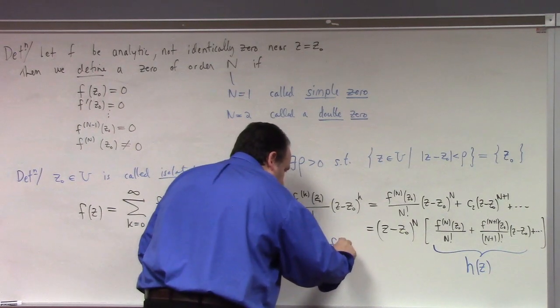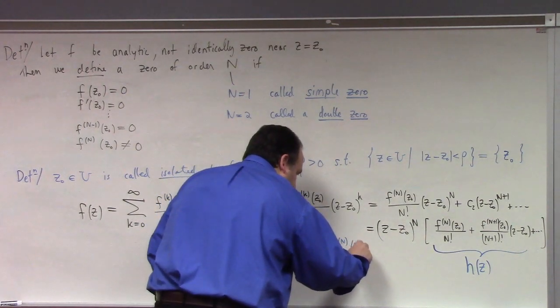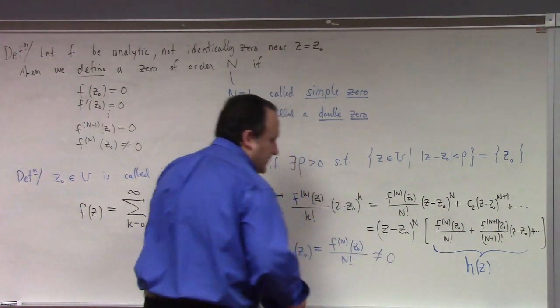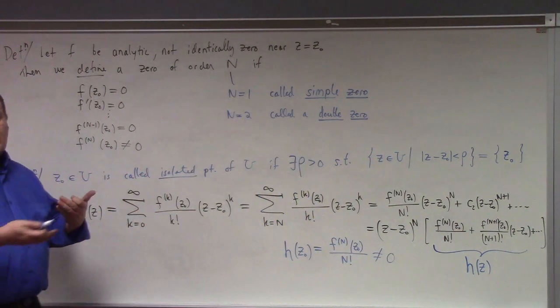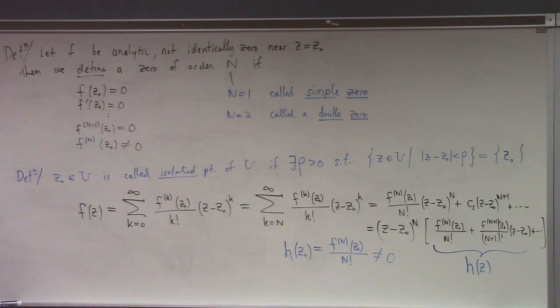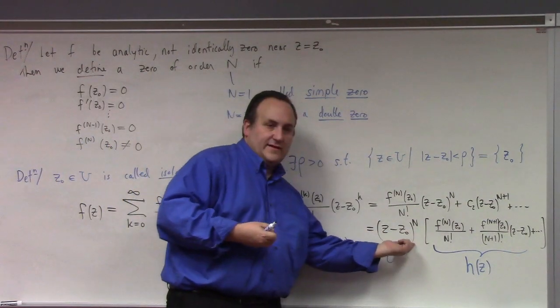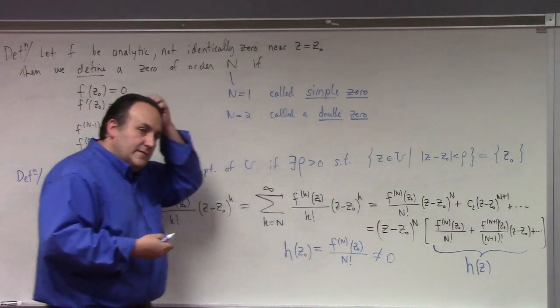But the first term by assumption is what? The nth derivative over big N factorial. That's not equal to 0, right? So this h of z is not equal to 0 at the center point. So whatever's making the function 0 at z naught, it's all wrapped up into this initial factor right here, okay?